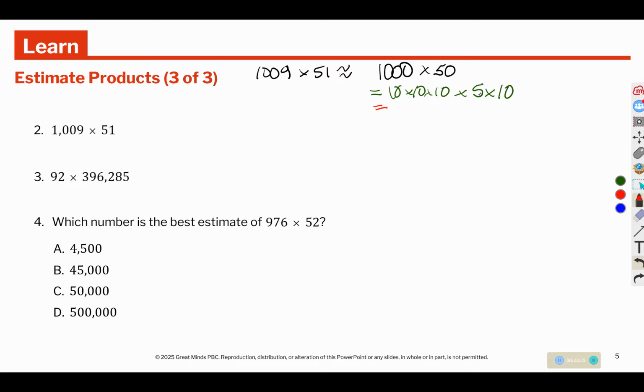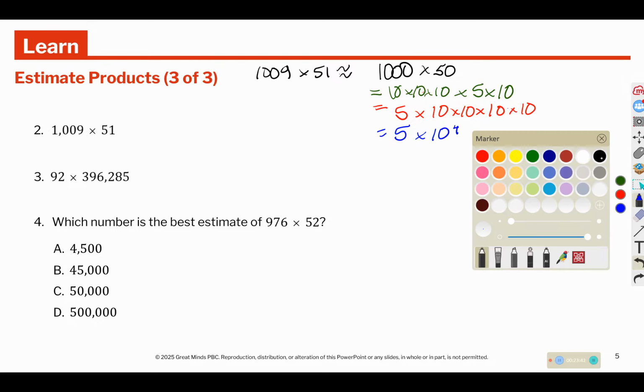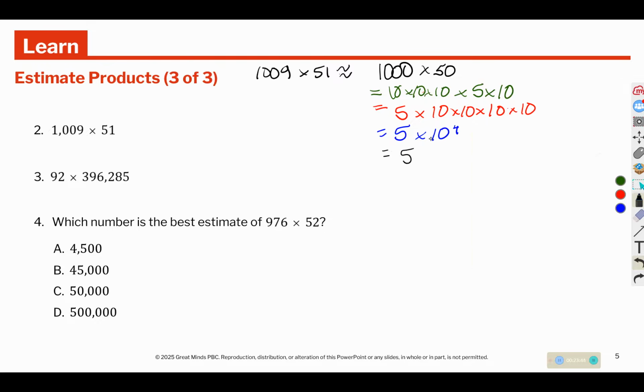So I have a 5, and then I have 1, 2, 3, 4 10s. You can also write that as 5 times 10 to the 4th power, or 5 with 4 zeros behind it.